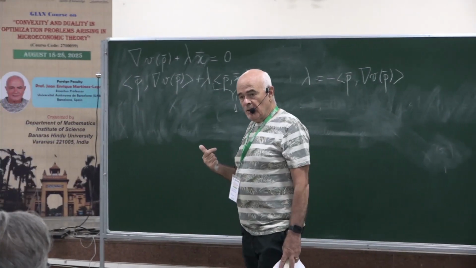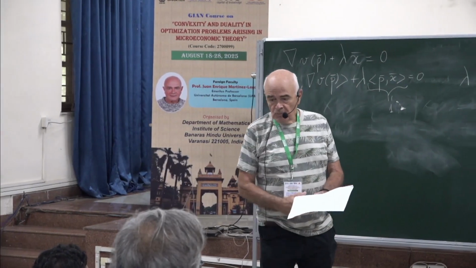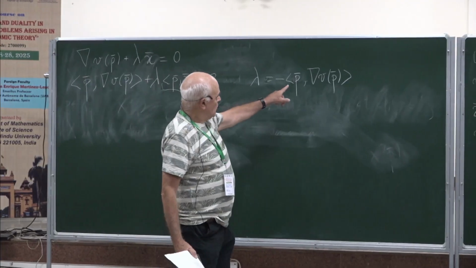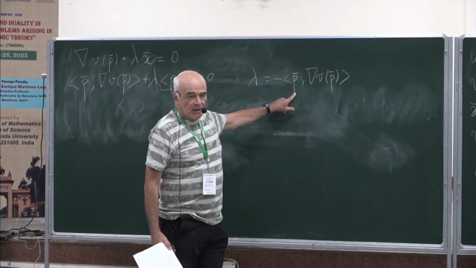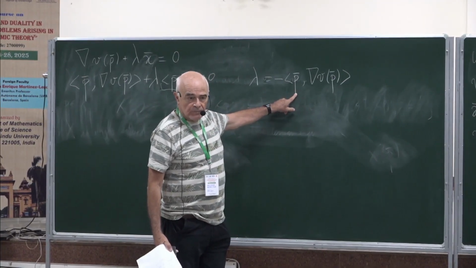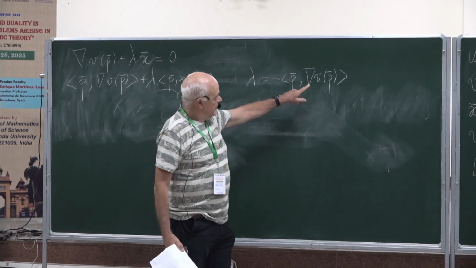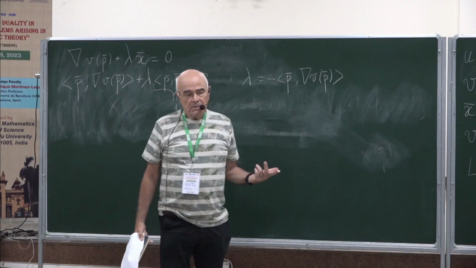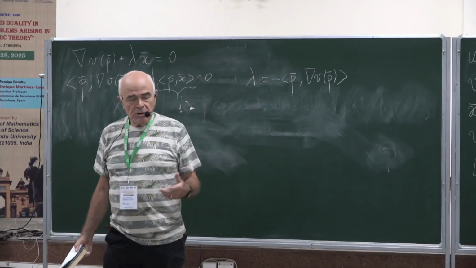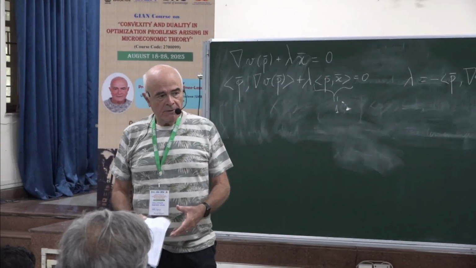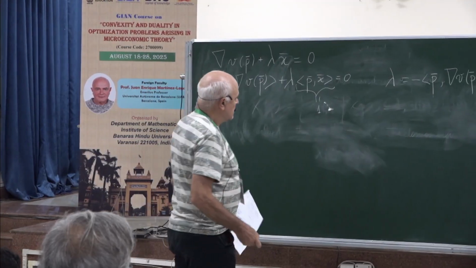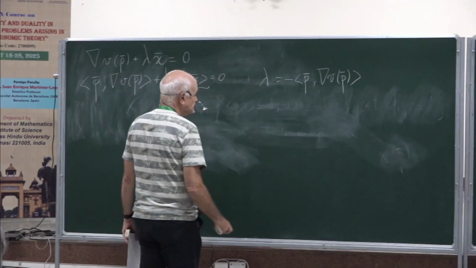So the inner product, by the way, is different from 0 because all the components here are strictly positive, and there, at least one is different from 0 and all the others have the same sign. Okay? Then we know lambda.